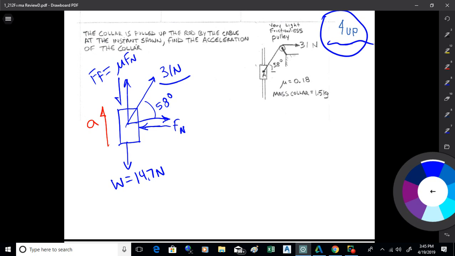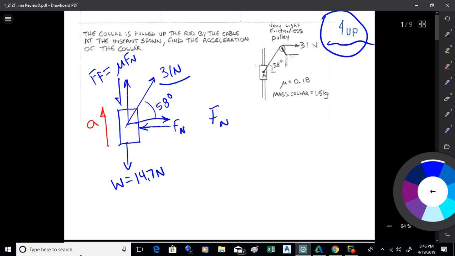Oh, yeah, it's right here, 16.1. So as you work through this, you should get a normal force of 16.4. Yes. Okay.